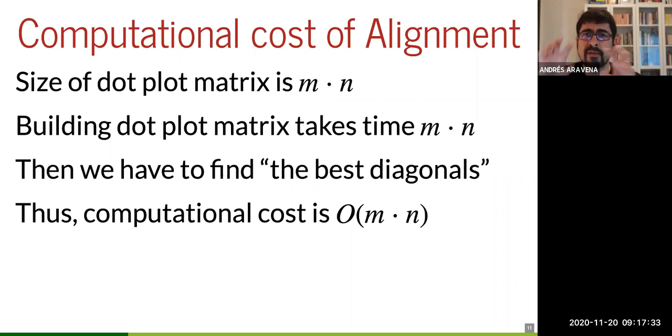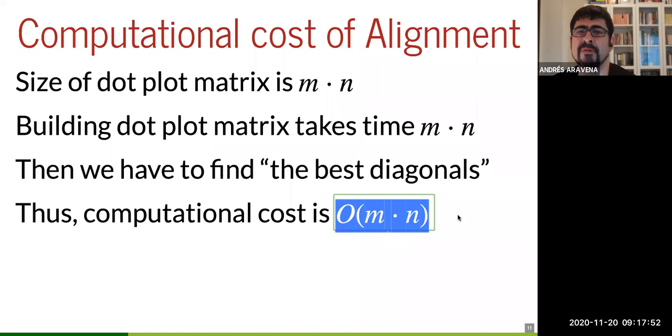And you have to fill that matrix, also m times n. And then you have to find the diagonals, and that part is a little easier, or probably not harder than this one. So the computational cost of our problem is m times n.